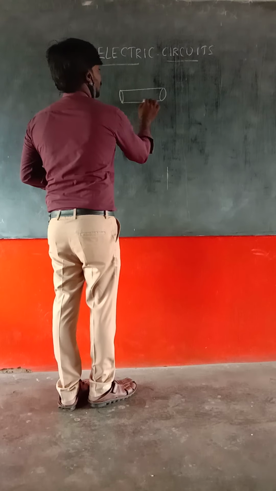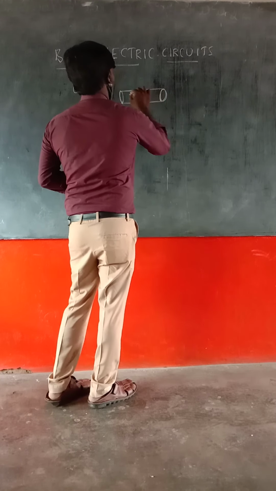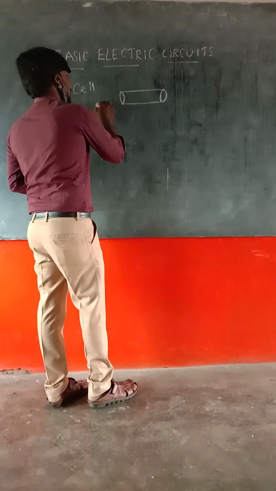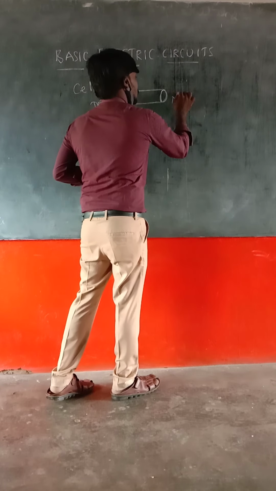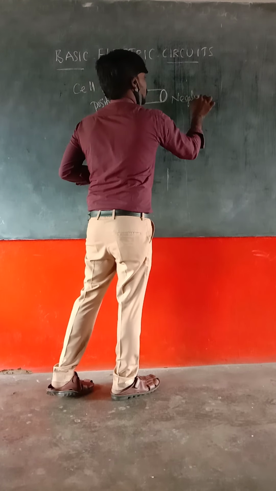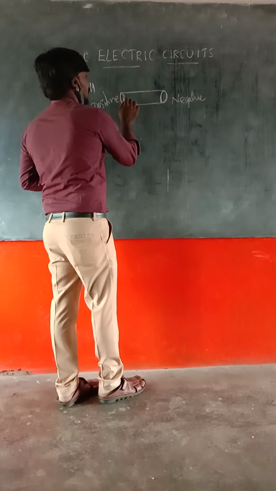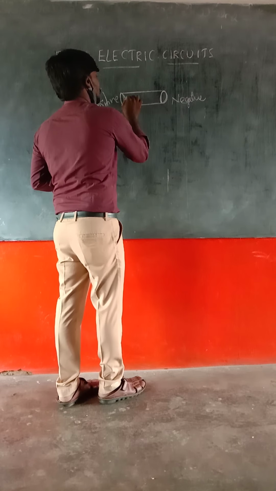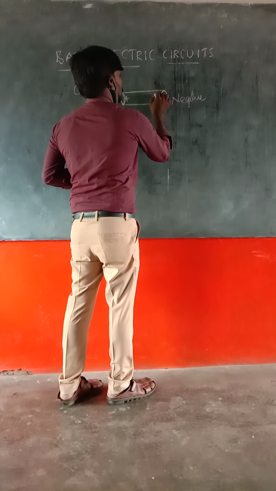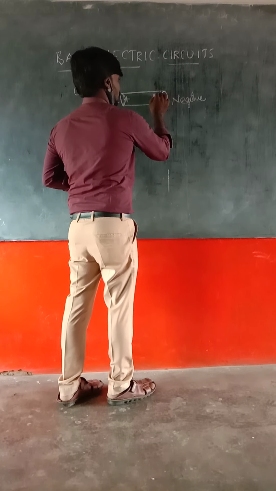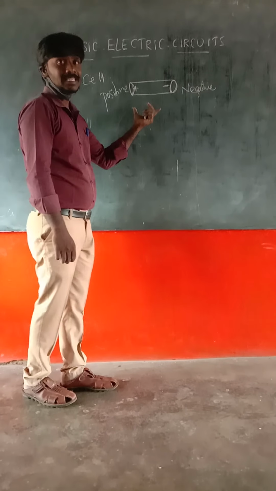It is one of the cells, and it is used in torchlights. This is the positive terminal and this is the negative terminal. The positive terminal always indicates positive, that means adding, plus, and the negative is minus. And it is called a cell.